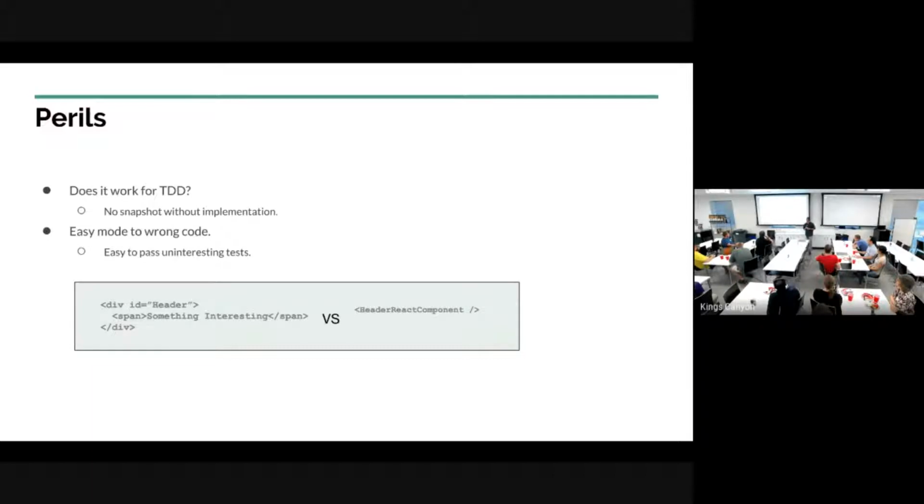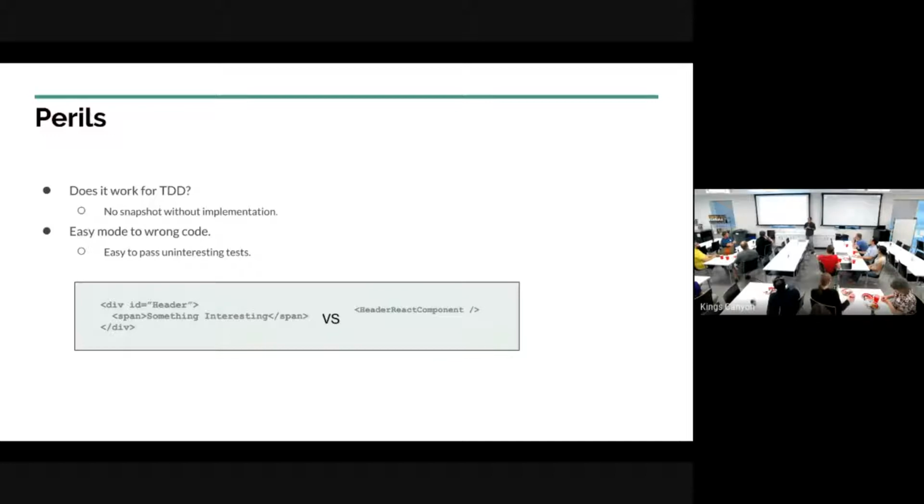Okay, the perils. I think I have more slides here. So does it work for TDD? This is basically test-driven development. This is where you write your test first, and then once your implementation is completed, you expect your implementation to eventually pass the test that you've written first.